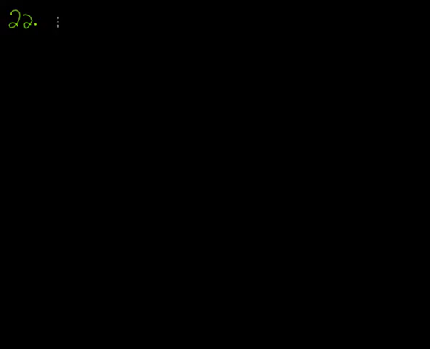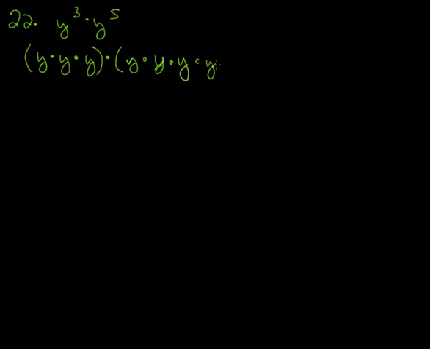exponents we see. So we have y cubed times y to the fifth. Remember, y cubed is y times y times y, because there's three of them. And y to the fifth is y times y times y times y times y. 1, 2, 3, 4, 5 of them.